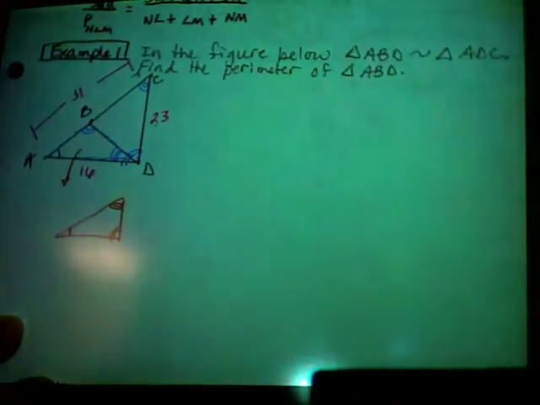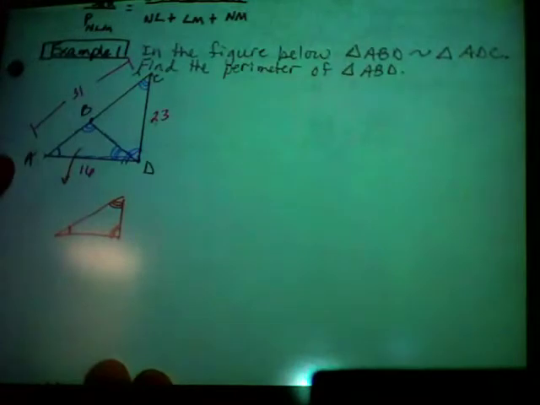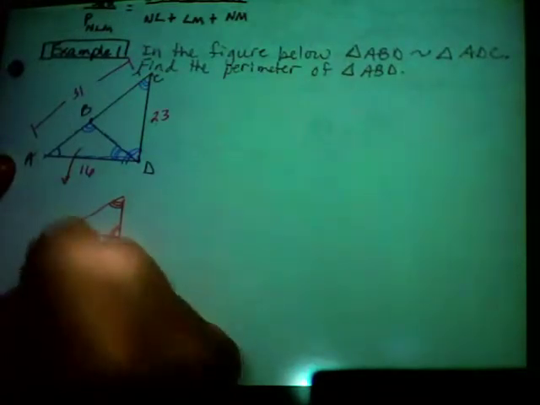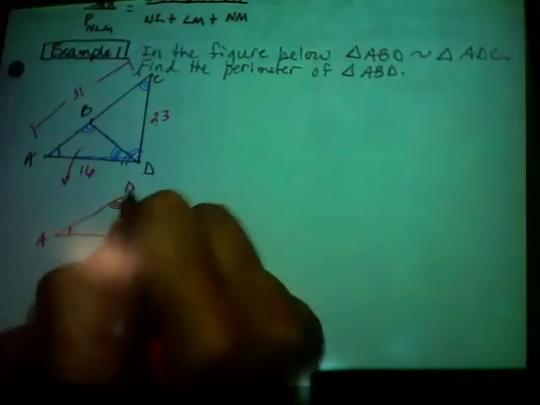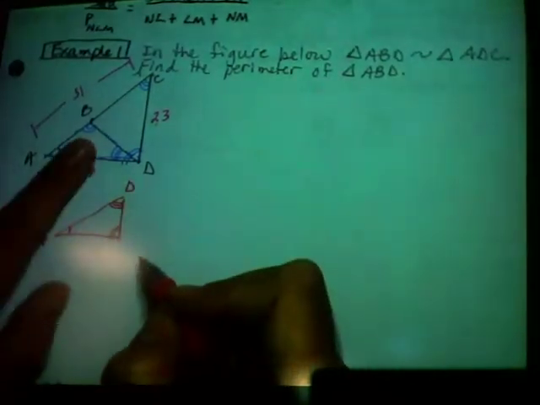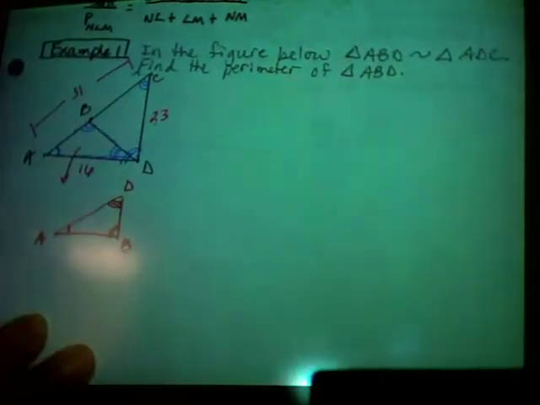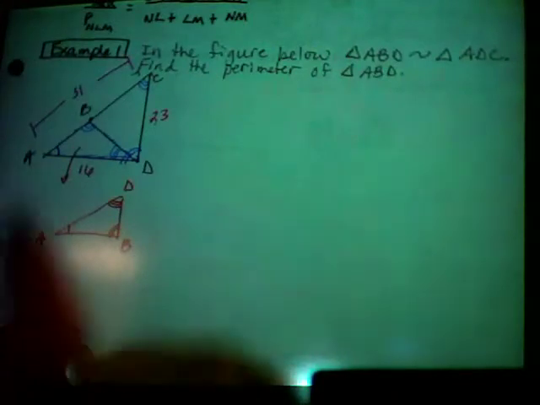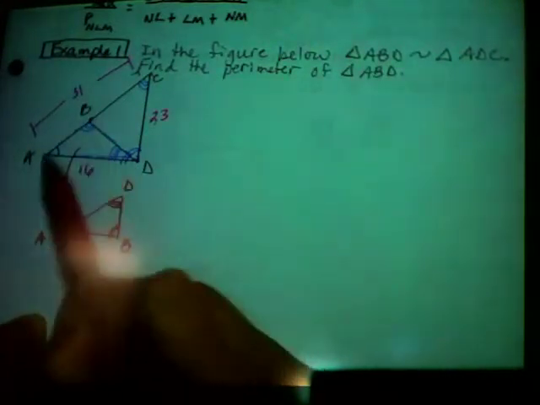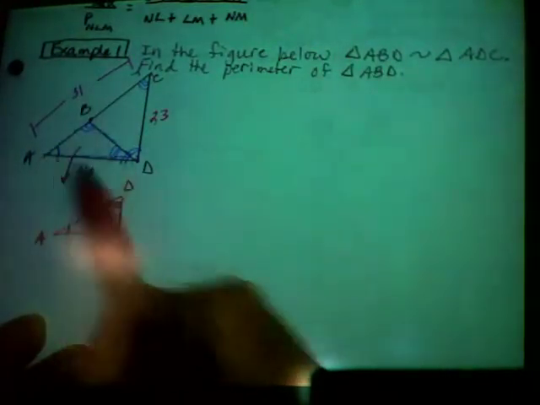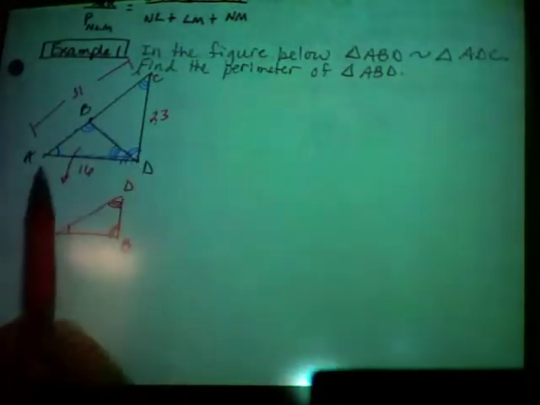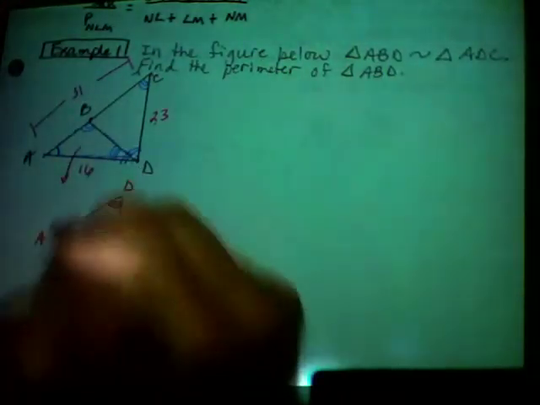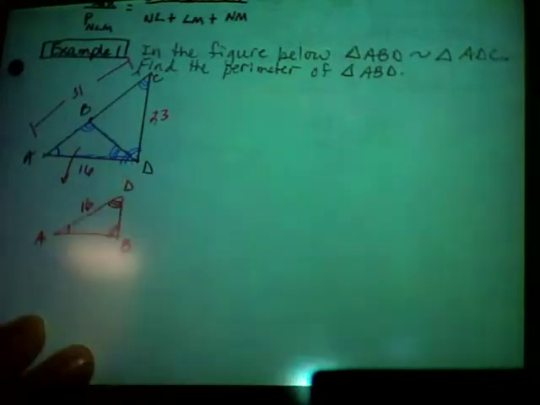I'm going to use that to name my triangle. So A is single. The triple is right here at D. And then the double is right here at B. Do I know any of the sides of the smaller triangle? Yeah, I know from A to D is 16. So I know that this side here is 16.